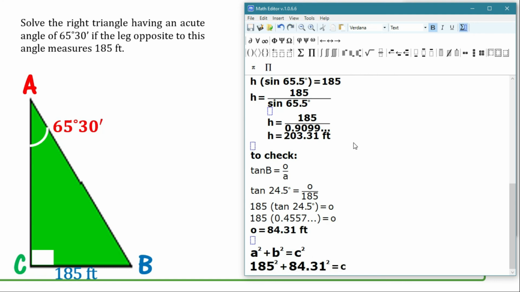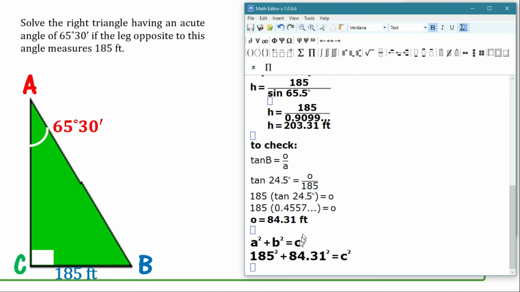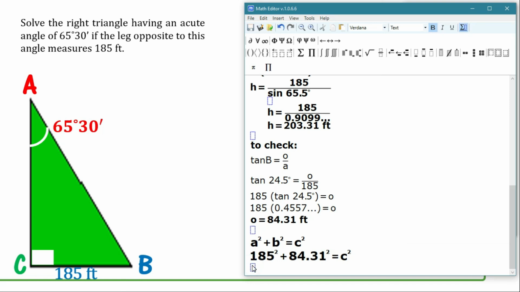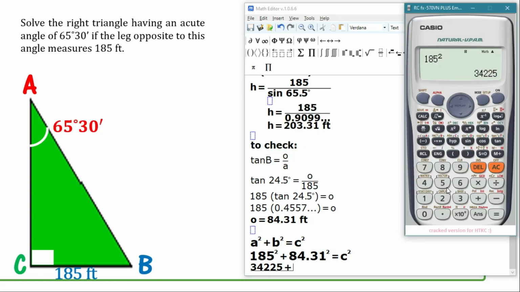That is c square. Alright, so getting the simplified form, or by multiplying 185 twice by itself, and so with 84.31. So, using our calculator, 185 square equals 34,225. So, that is 34,225 plus the square of 84.31.